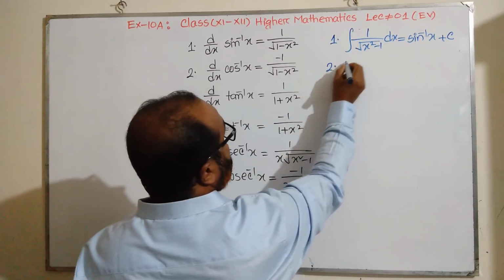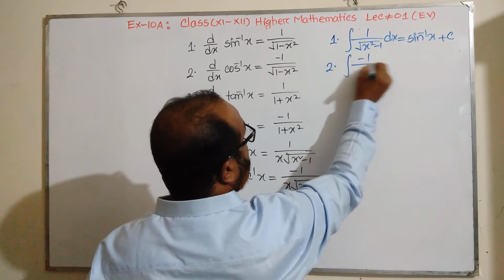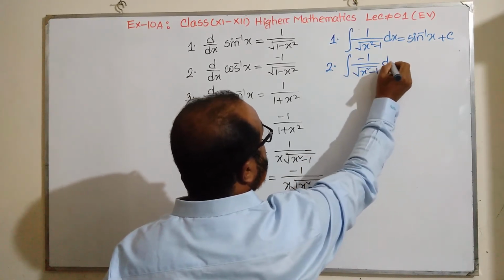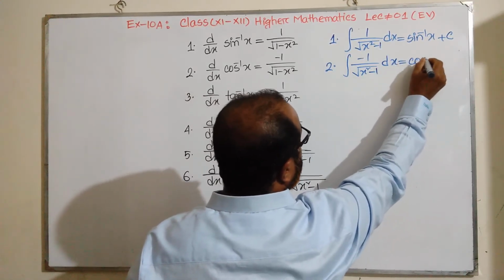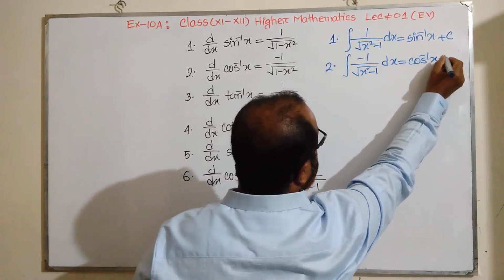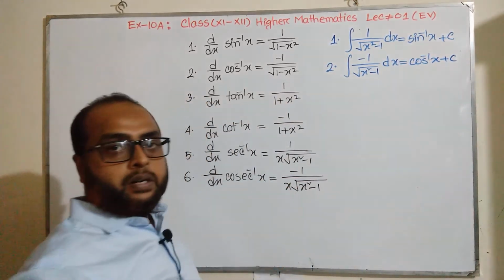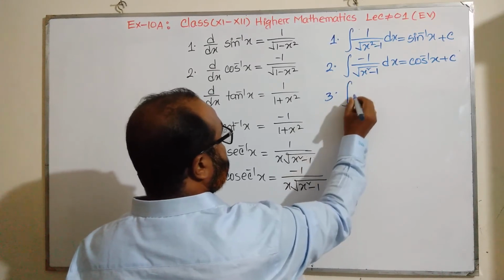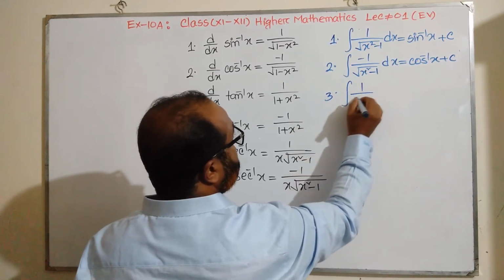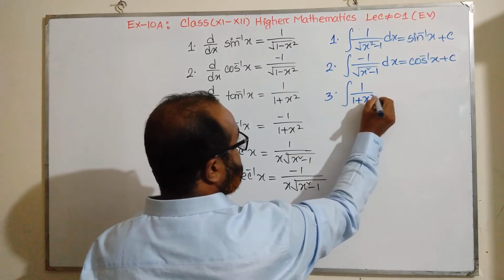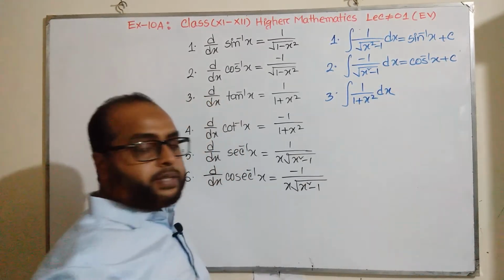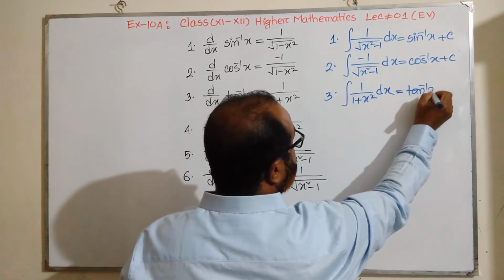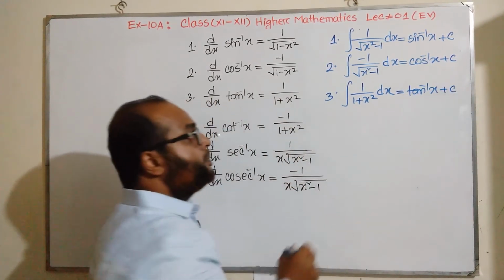Similarly, integration of minus 1/root(1 minus x square) dx equals cos inverse x plus c. Number 3, integration of 1/(1 plus x square) dx equals tan inverse x plus c.